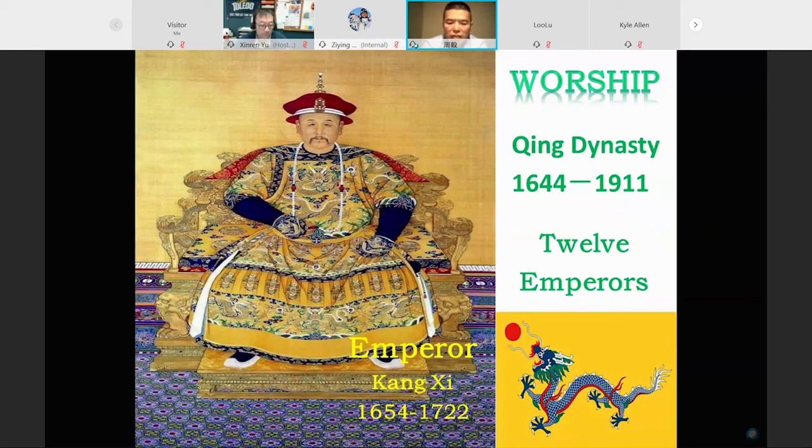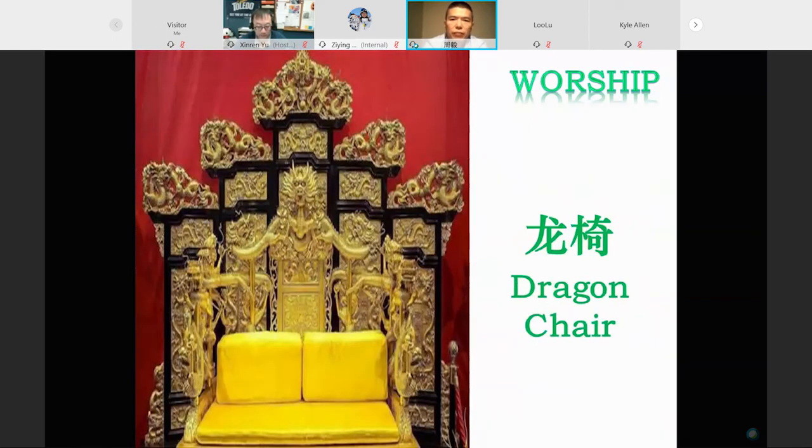And everything the emperor uses is ornamented with dragons to show his status as the highest ruler of China, and his strong power and majesty. The Chinese dragon's deep relation with emperors can be seen from the emperor's birth to death. You can see, they even sit on a dragon chair to see the ministers.